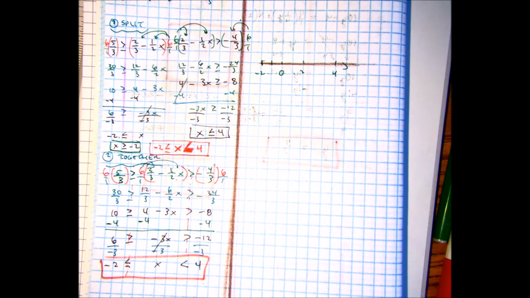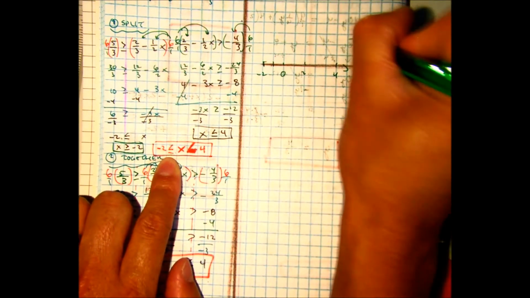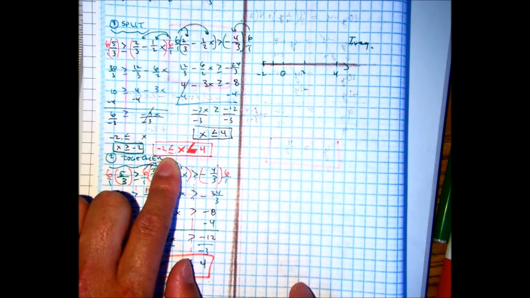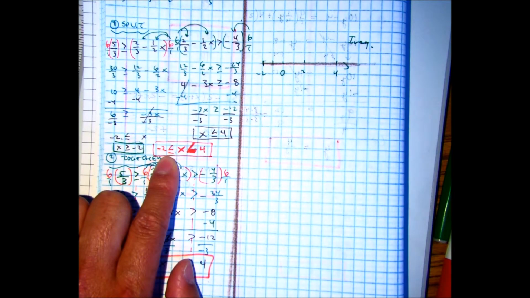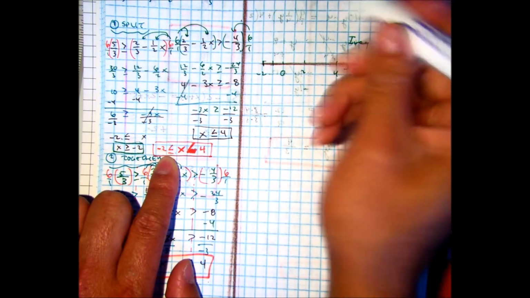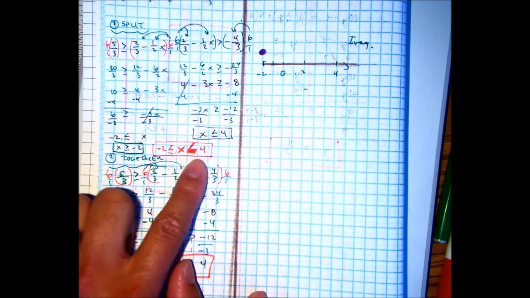I will ask you to graph it either in inequalities or in interval notation. You should know how to do both. Let's do inequalities. Inequalities up here. Open or closed? Why is it closed? Open or closed?